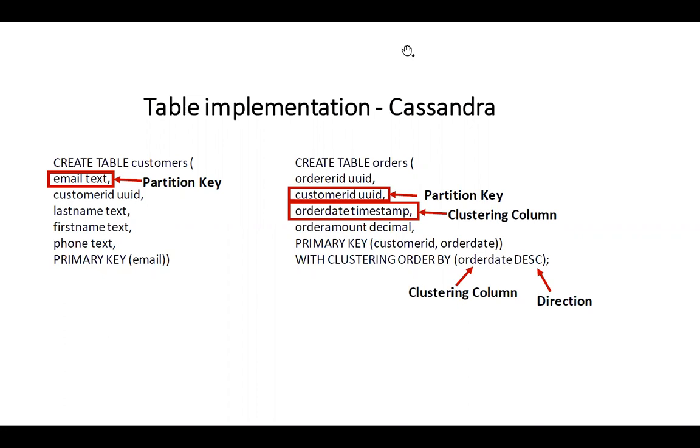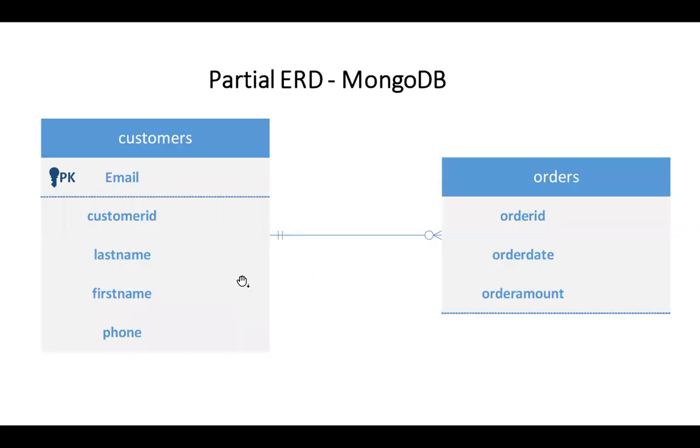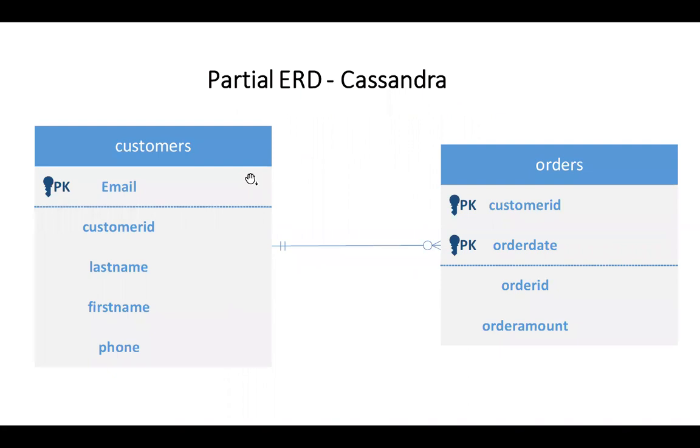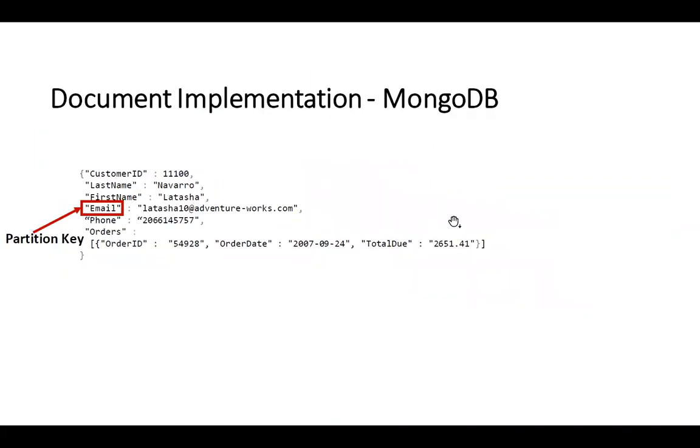So this is how we create the Cassandra tables based on this ERD, right? And this ERD was based on prior steps. If it's MongoDB, then we will use email as the partition key.